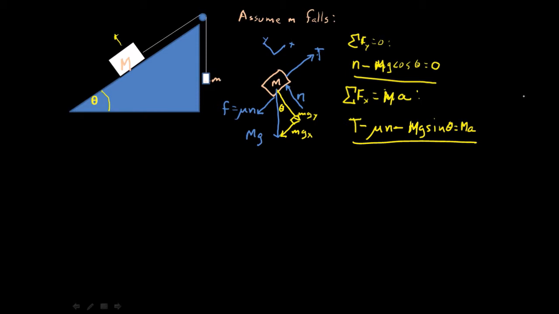However, before we can do that, we're going to need a free body diagram for the little mass right here. And this time when I make a little m, I'll actually mean it. So here's our little mass, little m. Forces on it, pretty obviously, the weight is pulling down. That's little m times g. The tension is pulling up.